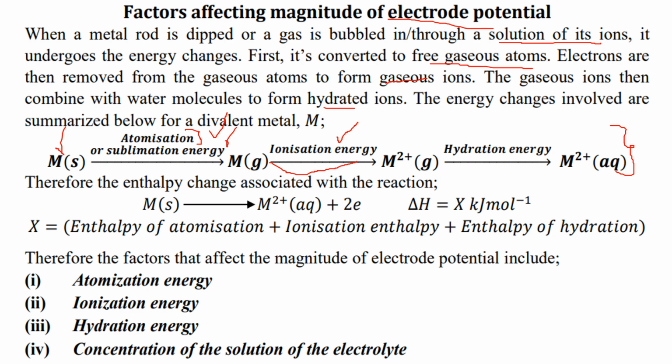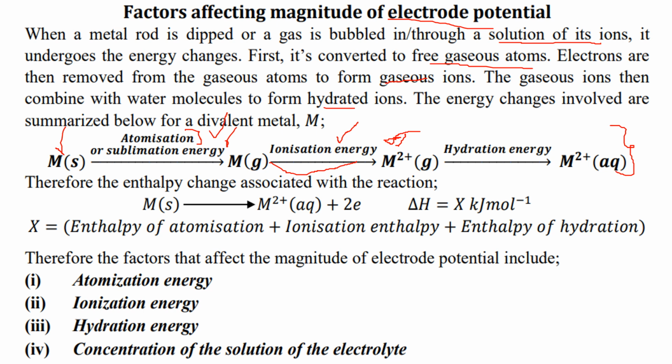And after the gaseous atoms are converted into gaseous ions, these gaseous ions then become hydrated, because we looked at hydration energy depending on the charge present on the gaseous ion. So the higher the charge, the higher the hydration energy.